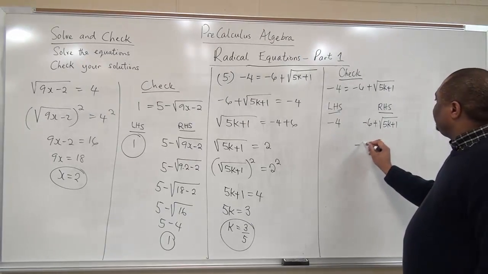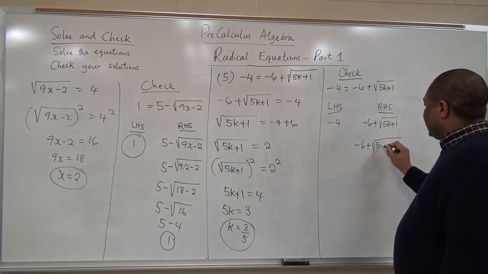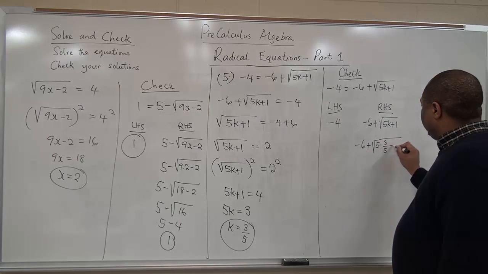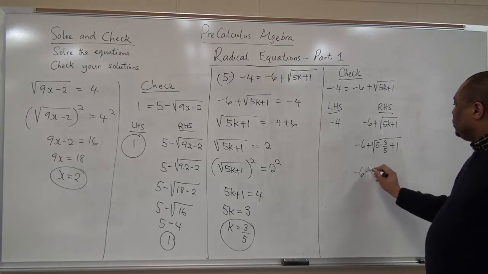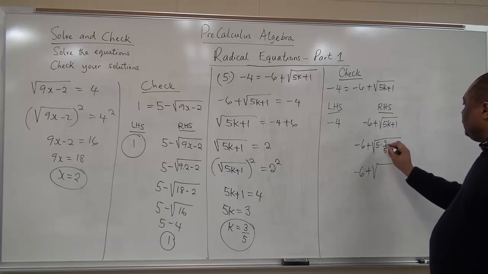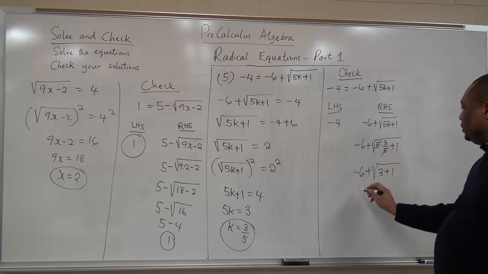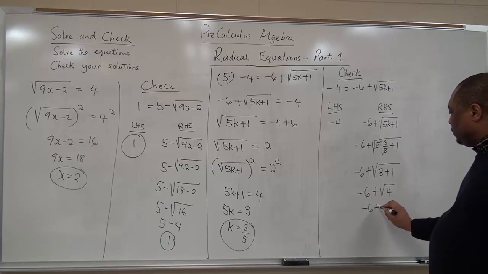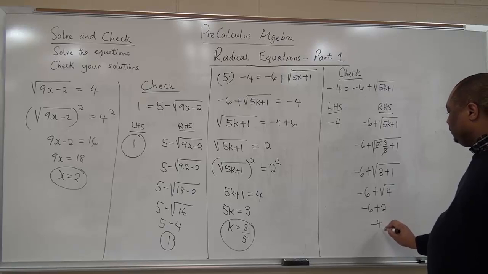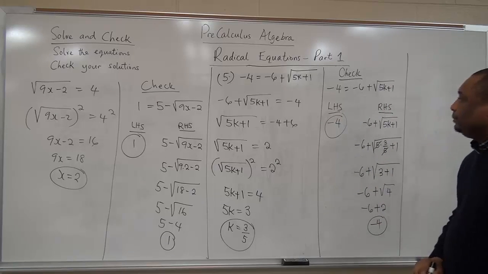So this will be negative 6 plus square root of 5 times 3 over 5 plus 1. So this will be negative 6 plus square root of 5 divided by 5 is 1, so 3 plus 1. So this is negative 6 plus square root of 4, negative 6 plus 2, which is negative 4. Negative 4, negative 4.